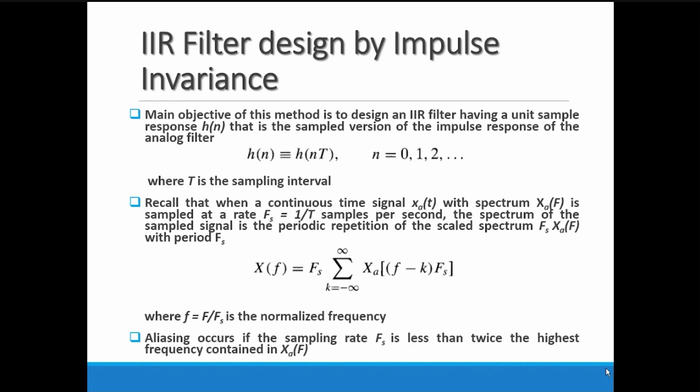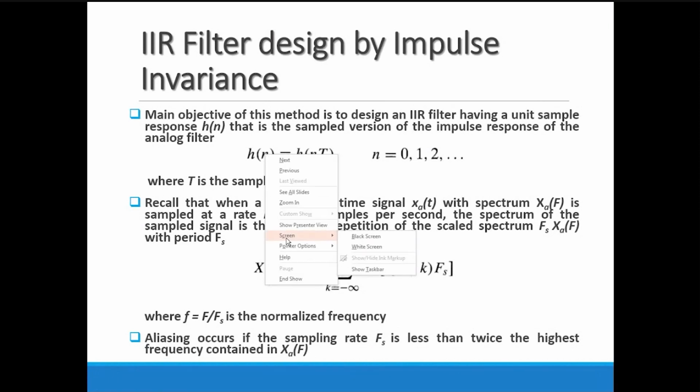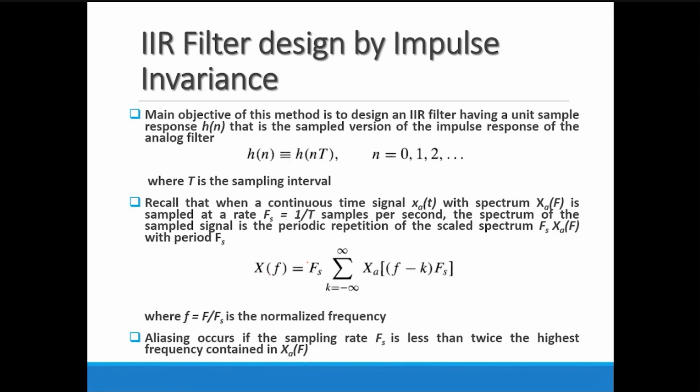So you are getting the signal X(f) is equal to Fs times the summation from k is equal to minus infinity to infinity of X_a((f minus k) by Fs). Here whatever notation we are using, this italic f over here is nothing but the normalized frequency, that is F by Fs. Okay, so here we are getting this equation, means we are getting the frequency response X(f) for the given analog signal.